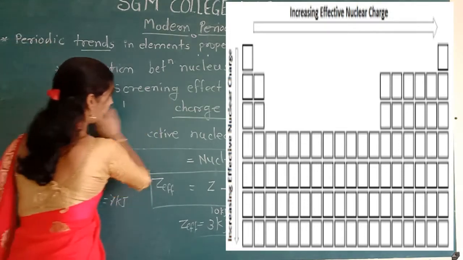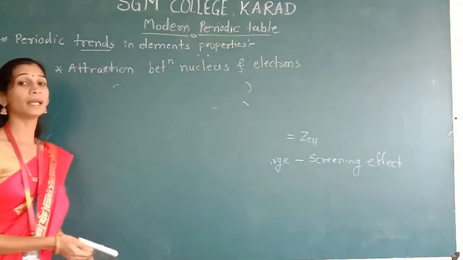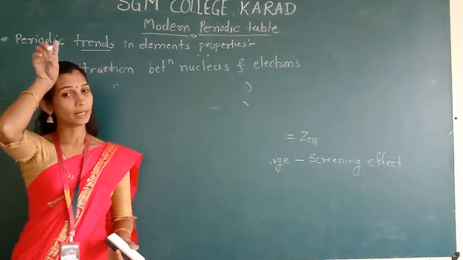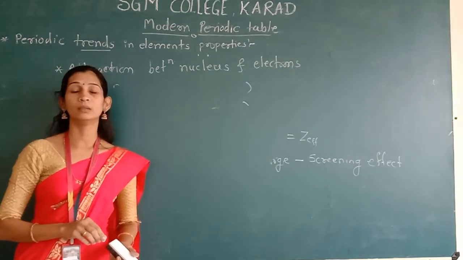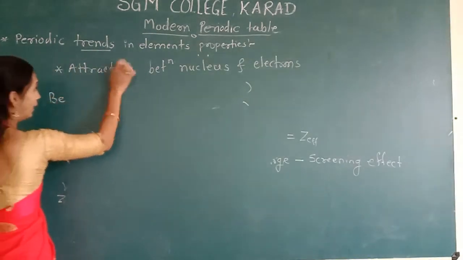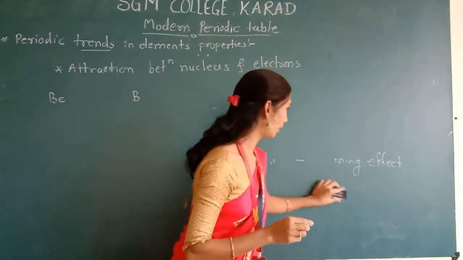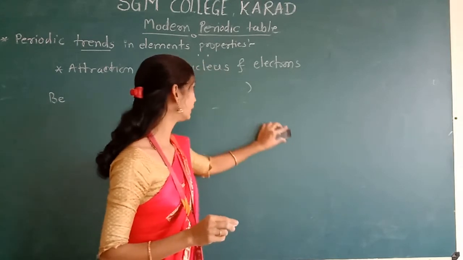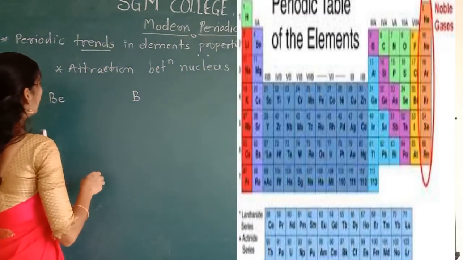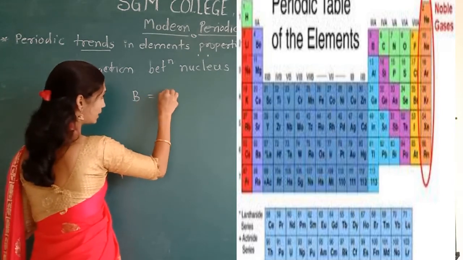If we consider the period, in the second period, if we are taking the example of beryllium and boron, both are second period elements. Atomic number of beryllium is 4, atomic number of boron is 5.